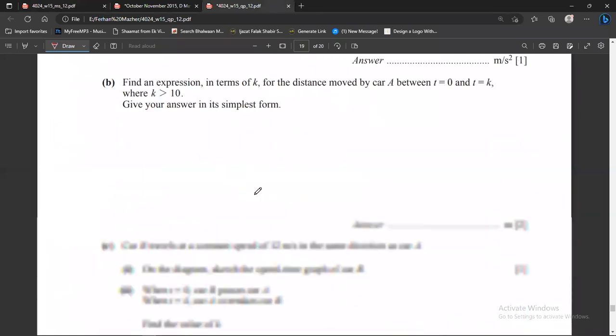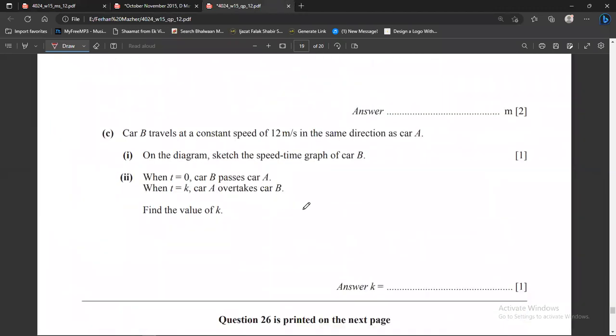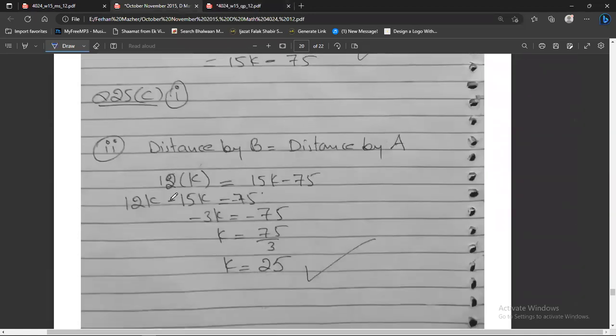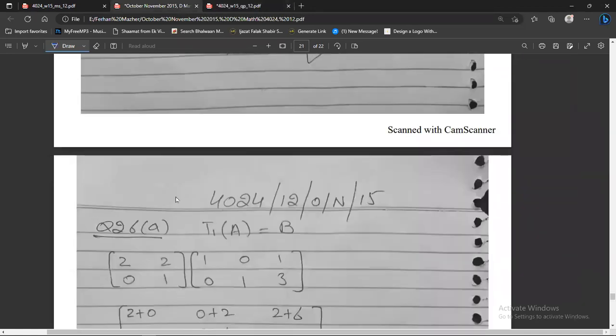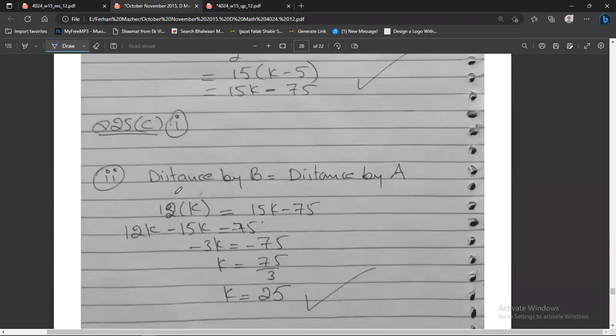And here we go. Car B travels at a constant speed of 12 meters per second in the same direction as car A. On the diagram, sketch the speed-time graph of car B. So we have to sketch that graph.